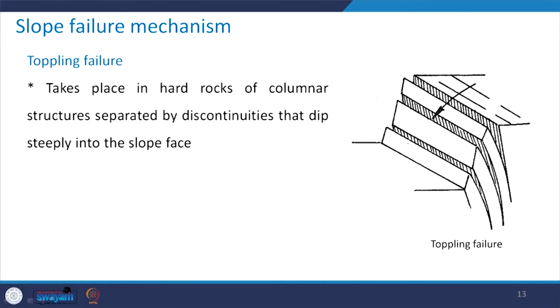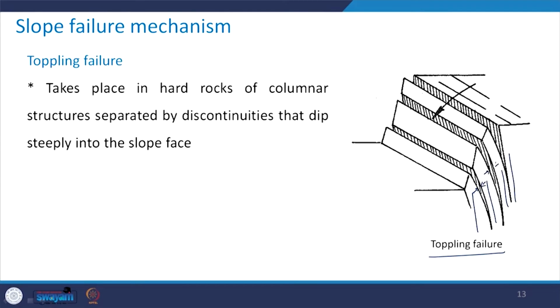Now, the fourth type of failure in case of the slope is called the toppling failure, which takes place mainly in hard rocks of columnar structures. That means the orientation is such that the dip is quite high, nearly vertical, and these are separated by these discontinuities.